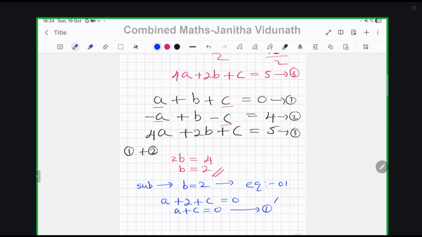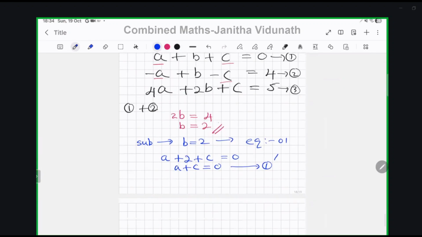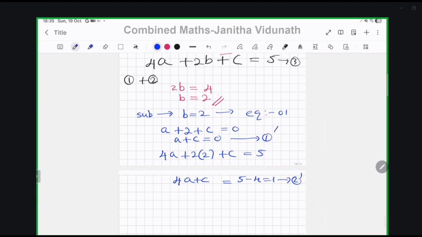This is 1 dash. If we substitute our B value into equation 3, we will get 4A plus 2 times 2 plus C equal to 5. That means 4A plus C equal to 5 minus 4, equal to 1. This is our second dash equation.